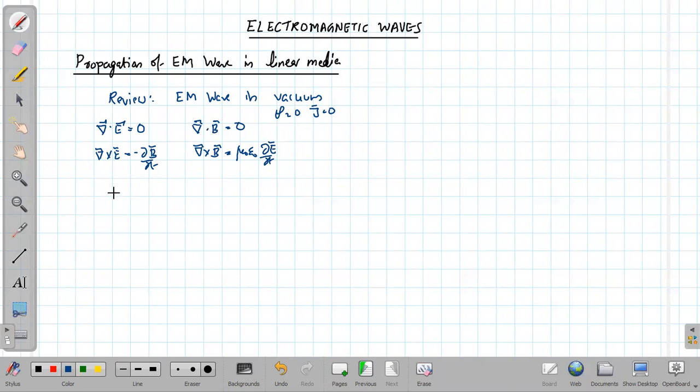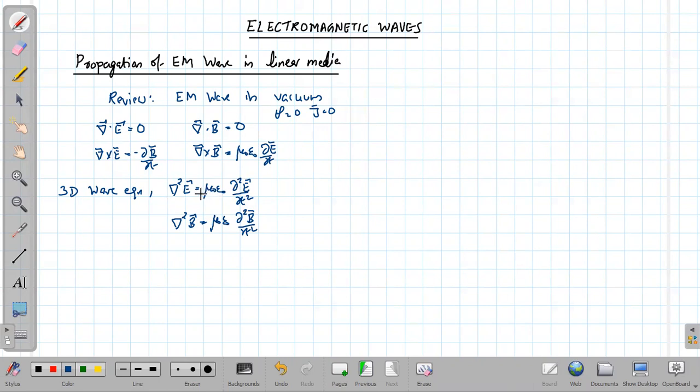From this we can derive the three-dimensional wave equation. Del square E equals mu 0 epsilon 0 d square E by dt square, and del square B equals mu 0 epsilon 0 d square B by dt square. From these three-dimensional wave equations we can identify that mu 0 epsilon 0 is nothing but 1 upon speed square.